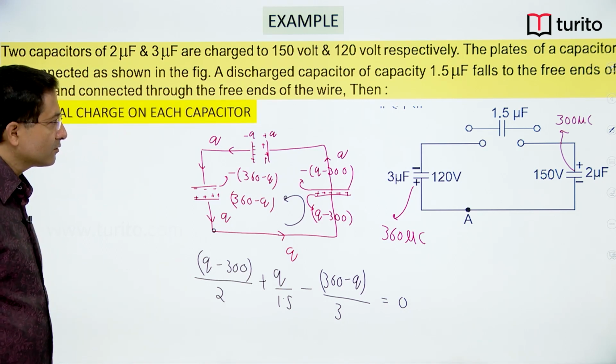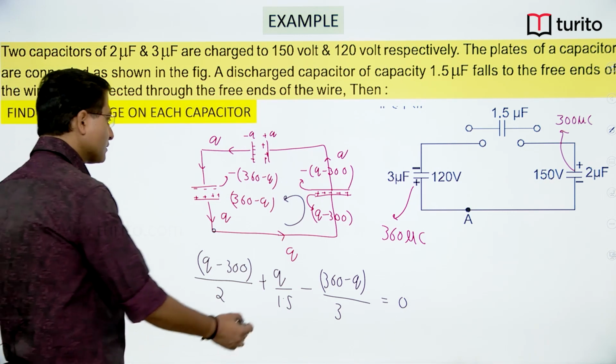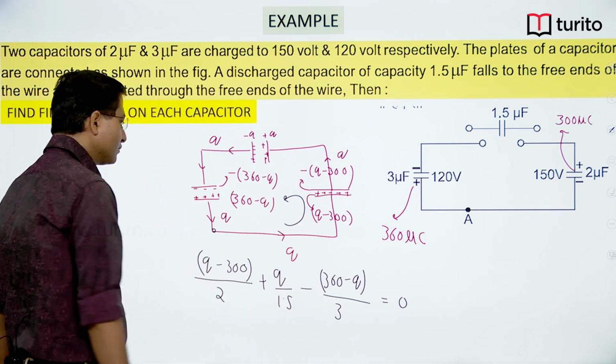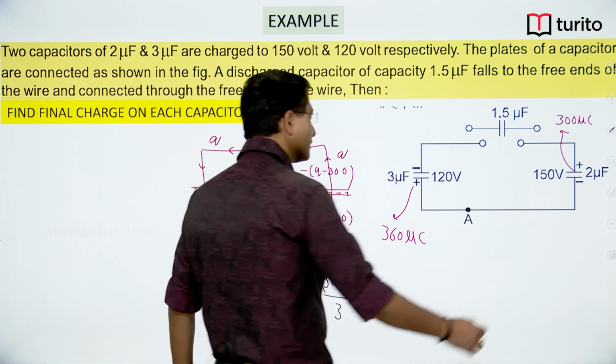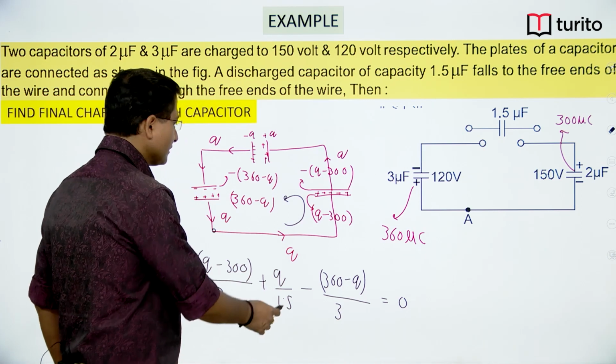Now if I solve this equation, I will get the value of charge. So let us see. This 1.5 I can write as 3 by 2, just for simplification.